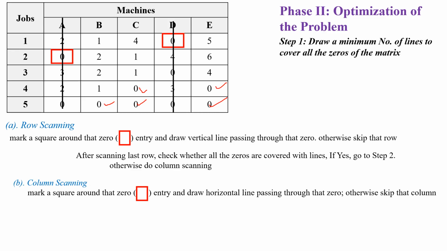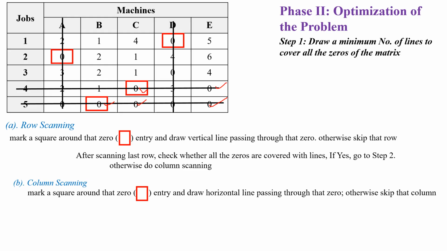Next we observe the second column. There is exactly one zero, so mark a square around that zero and draw a horizontal line passing through it. In the third column there is only one zero, so mark a square around that zero and draw a horizontal line.